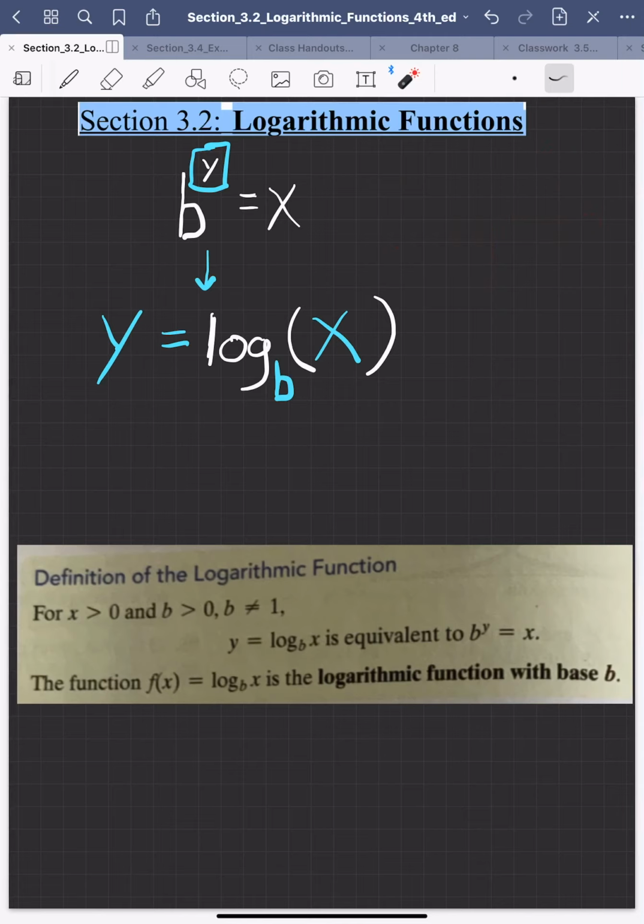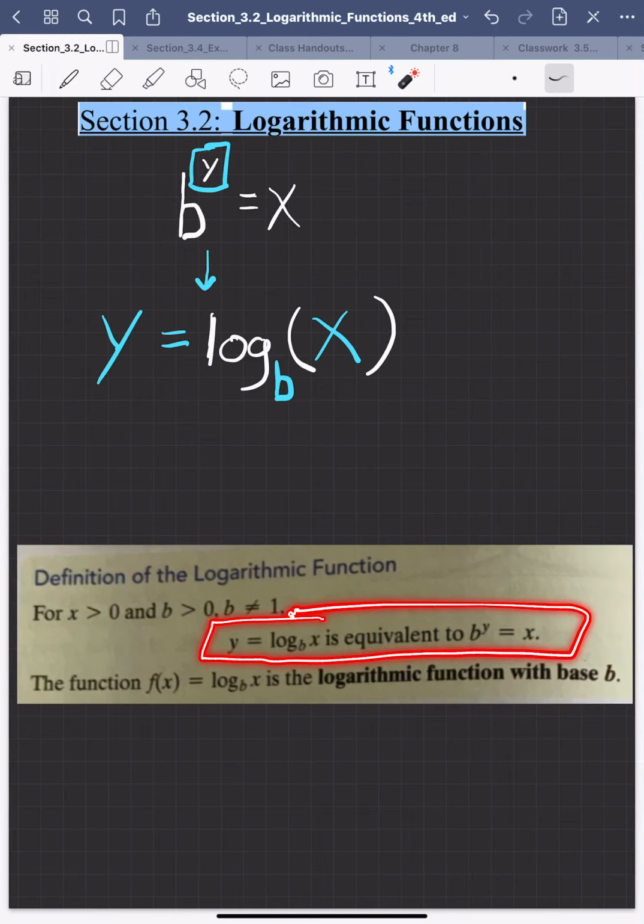Okay, now, assuming that x is greater than 0, then this is how we get to make the statement that base b to the power of y equals x is equivalent to y equaling log base b of x.